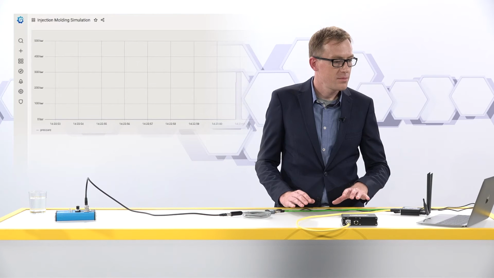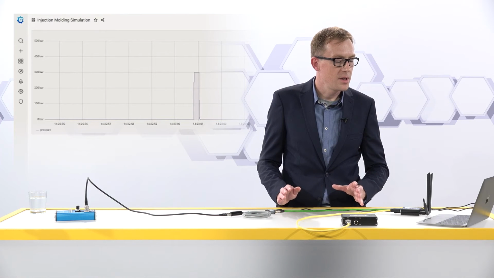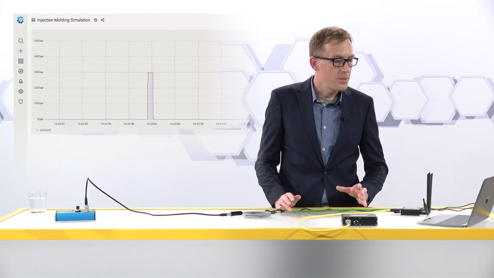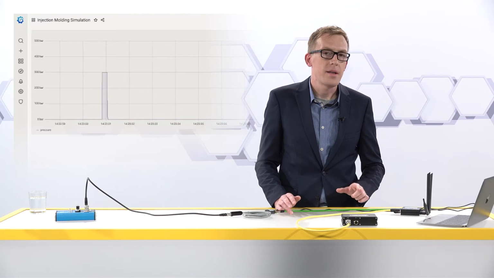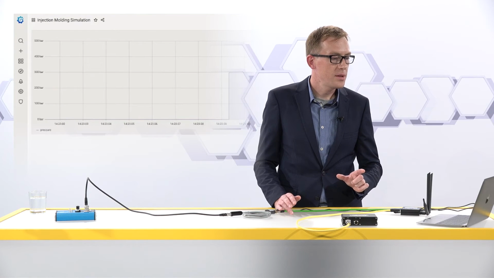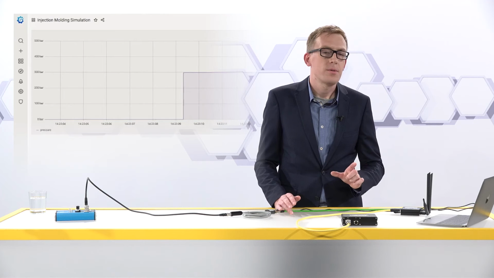When I now press this simulator, we see on the screen the pressure curve, which rises to 300 bar at this maximum, and then falls again.